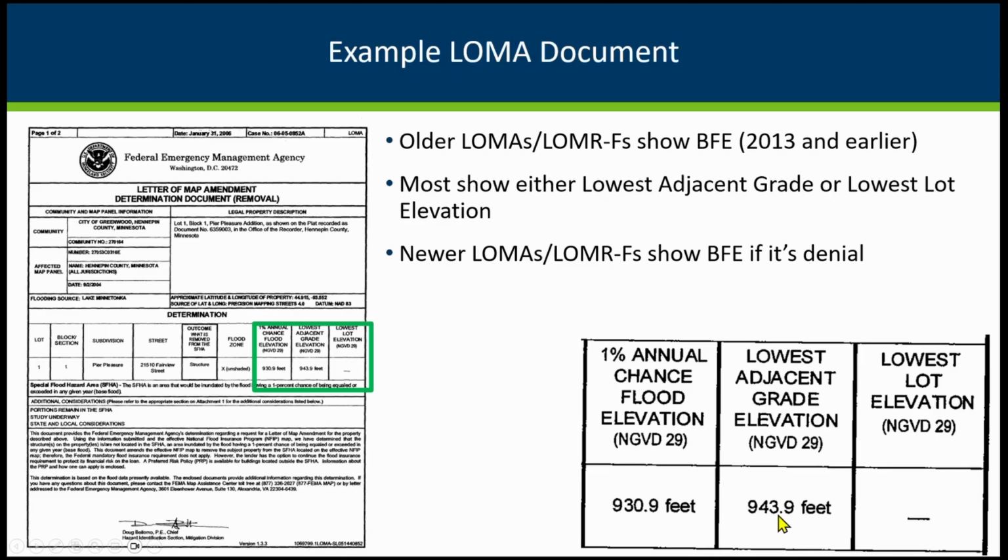So if you look and see a LOMA in the area you're interested in, and it shows a lowest adjacent grade, and your building is above what they gave as the lowest adjacent grade, where they were successfully able to get that LOMA, then you know that you'll be able to use that LOMA to help support getting an estimate of your base flood elevation.